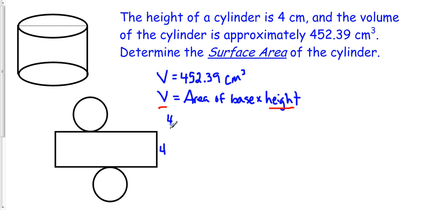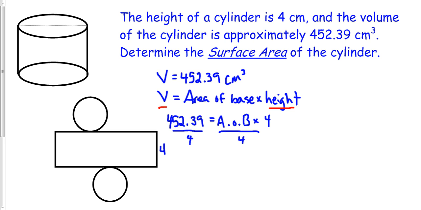So we have 452.39 equals area of the base, I'm just going to abbreviate it, times the height, which is 4. If I want to find the area of the base, I'm going to divide both sides by 4.